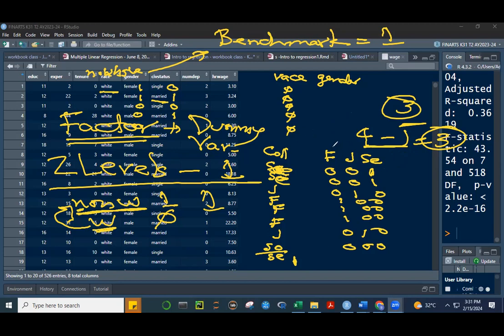Is Frosh a reference variable? Carlos, reference ba si Frosh? Yes. In fact, siya yung unang-una, alphabetically mauuna siya, di ba? Si Junior, reference ba? Yes. Sabi natin dapat tatlong references, di ba? Tatlong dummy variables. Si Senior, reference ba? Yes. Sinong hindi? Si Sophomore, di ba? Kasi alphabetically, ito yung huli.